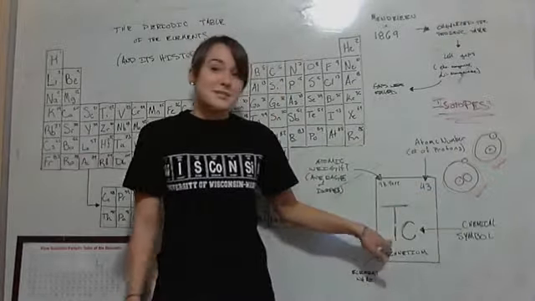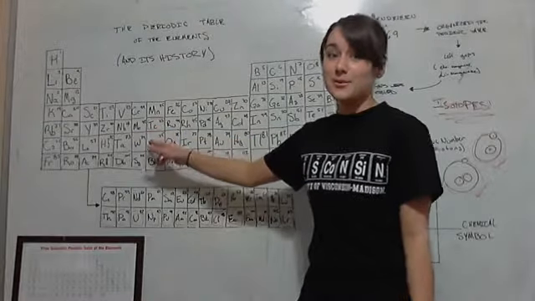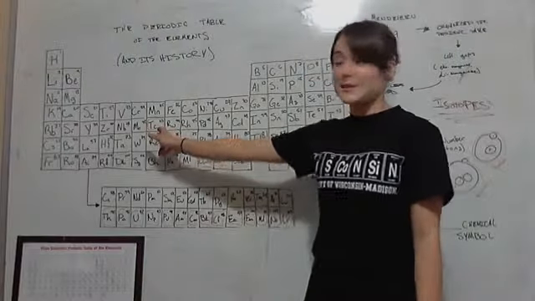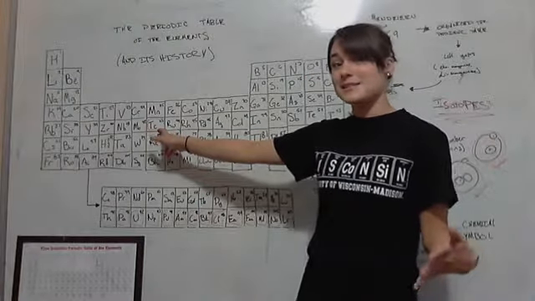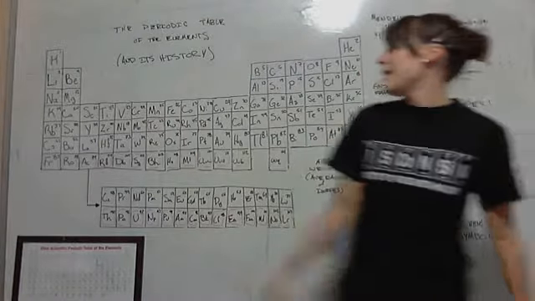An interesting thing about technetium here that we're looking at, technetium is the lightest element with no stable isotopes. And it's all the way over here at atomic number 43, and the rest of the elements that don't have stable isotopes don't start until down here at 85, 86, and so on.